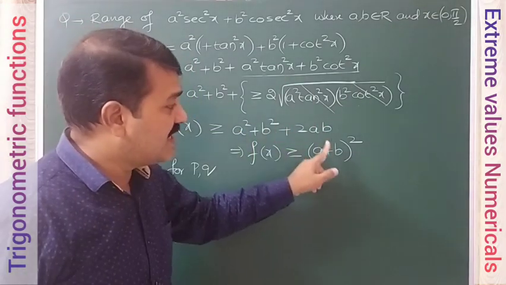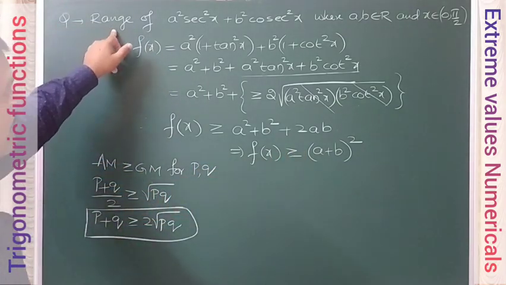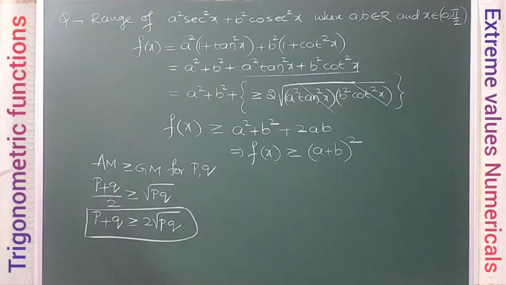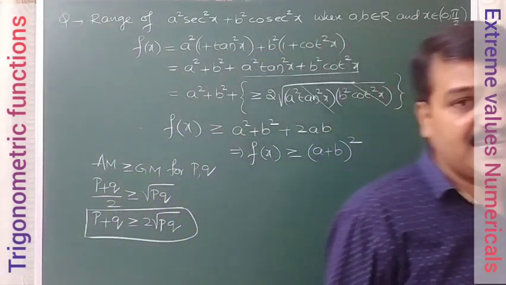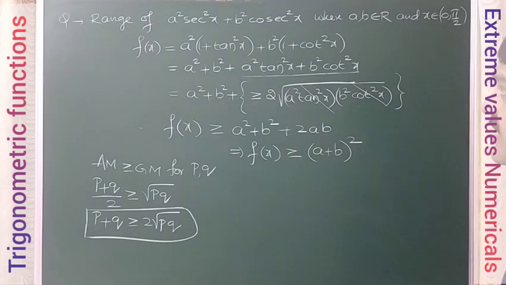That means this is the minimum value of f of x. Minimum value of this function we got. Then what about the maximum value? Can we discuss the maximum value here? No, only least value we can discuss here. Maximum value we cannot discuss because it is greater than or equal to a plus b whole square.